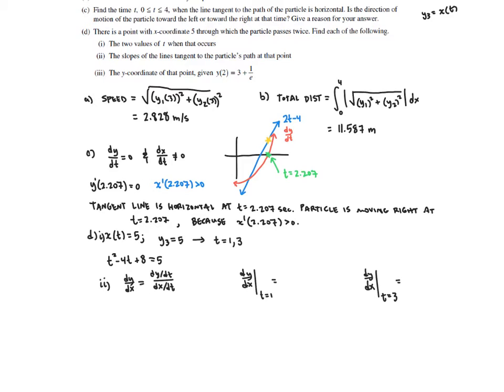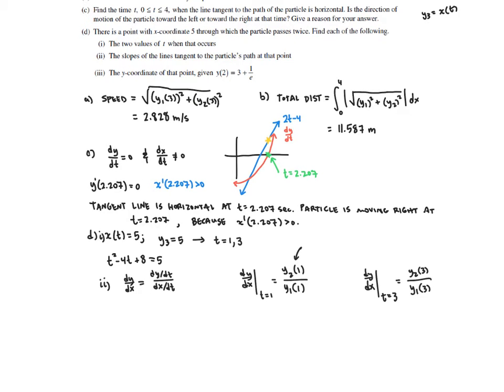Now I'm going to use my understanding of dy/dt and dx/dt at each of these times. dx/dt was y1, so dx/dt will be y1 at 1 and y1 at 3. And dy/dt was y2, so I'll do y2 at 1 and y2 at 3.